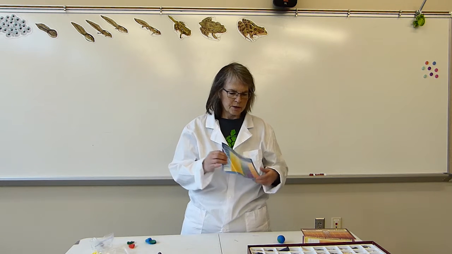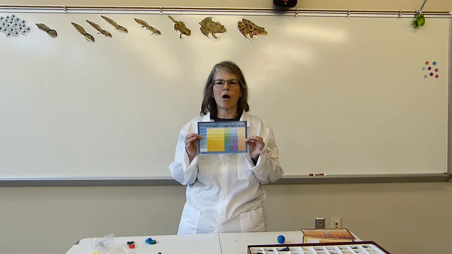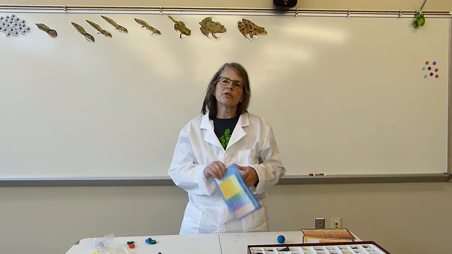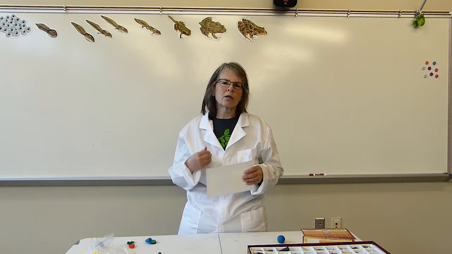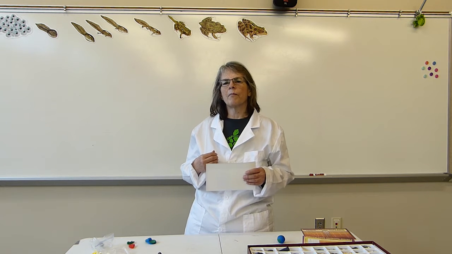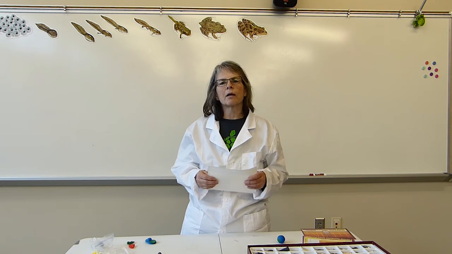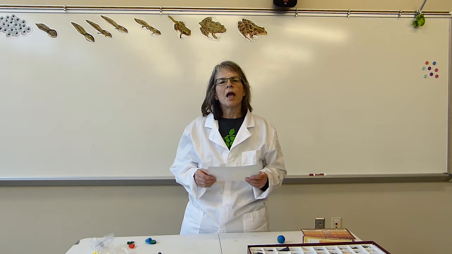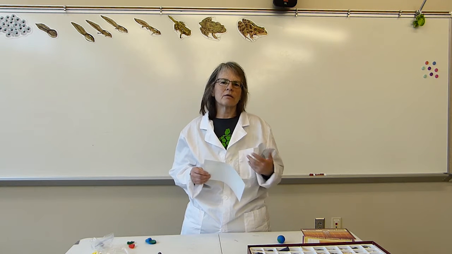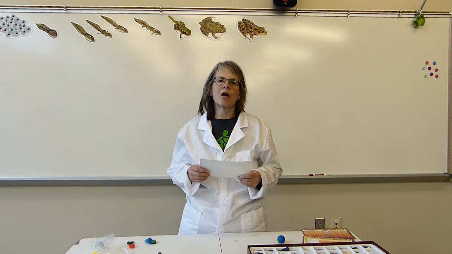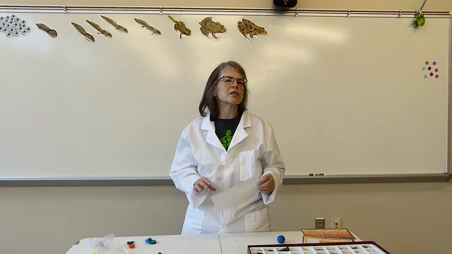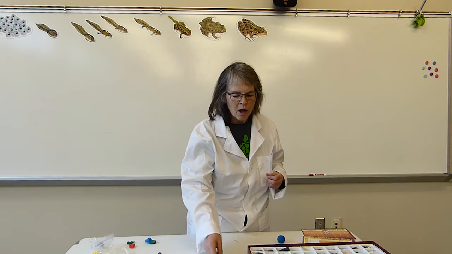So we're going to talk about the three types of rocks. The first is known as sedimentary rock. So this is my little sedimentary rock cheat sheet. Sedimentary rocks are rocks that are made from things that have settled into the bottom of rivers and streams, and after hundreds and thousands of years of pressure, they are made into a different type of rock, a solid rock.